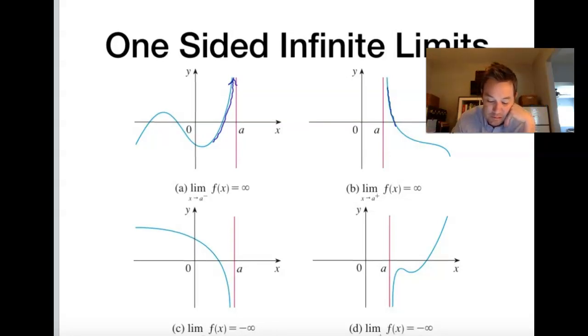Same idea in a situation where you have the limit of f of x as x approaches a from the right being positive infinity. And then you can have the opposite behavior. So the left-hand limit approaching negative infinity and the right-hand limit approaching negative infinity as well.